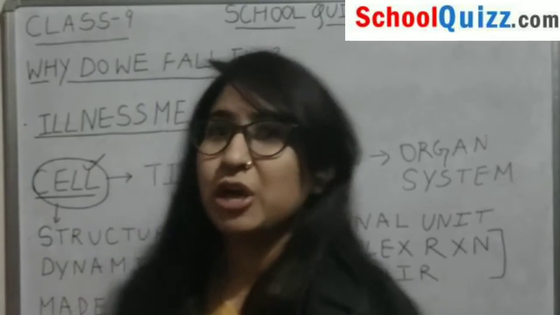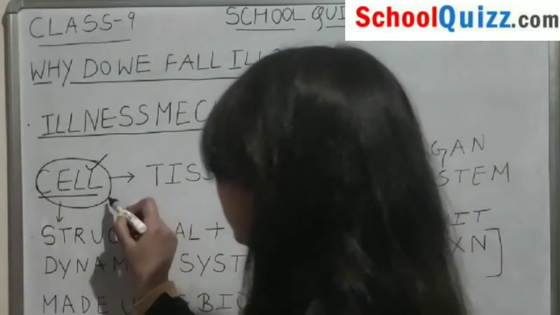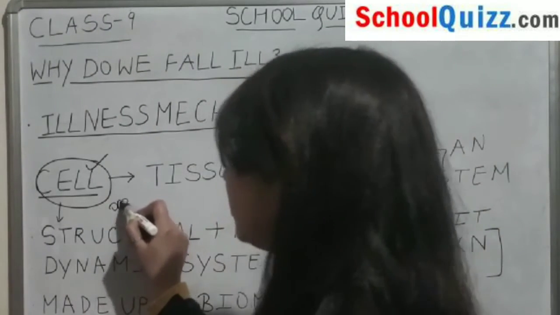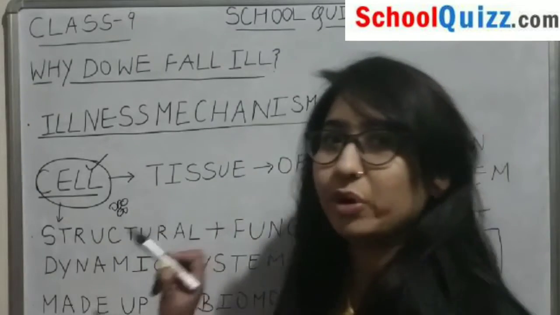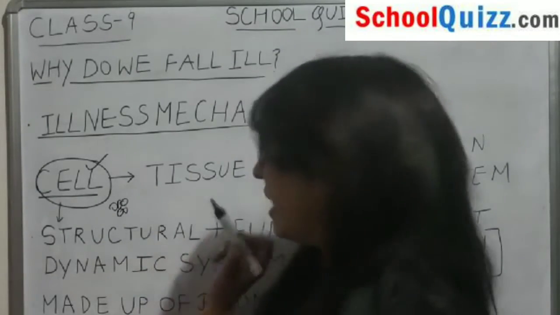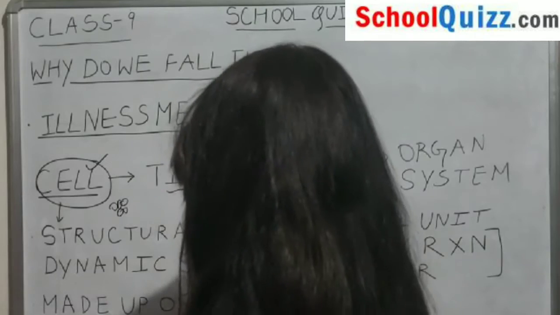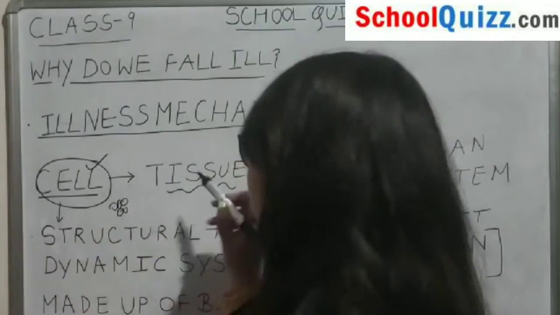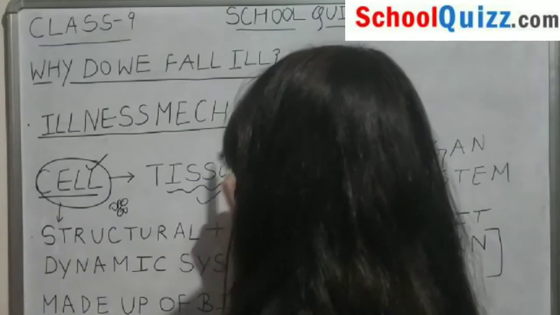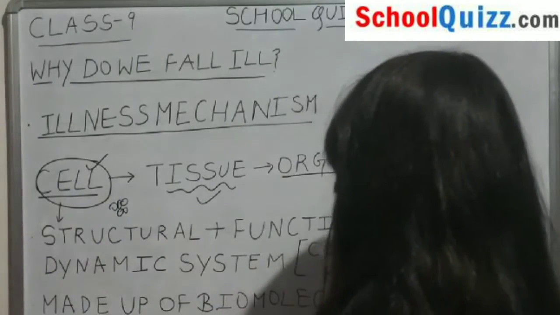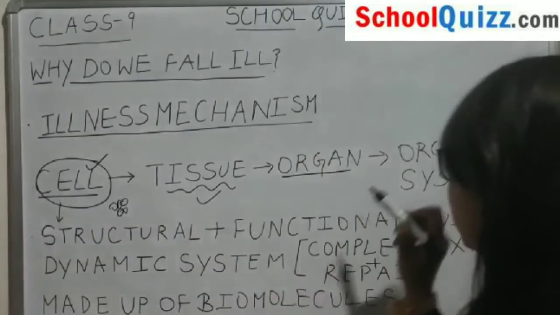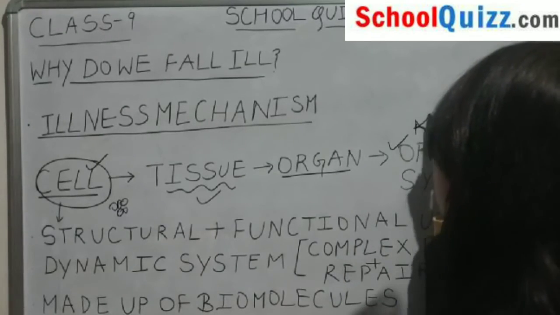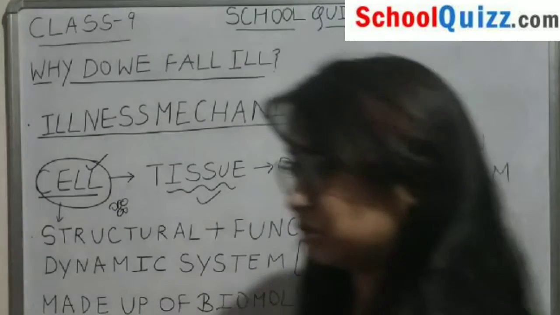Okay students, so when we have many cells, the small cells combine together to form the tissues. And when cells form tissues, these tissues will then combine to form the organs, and organs will combine to form the organ system level of organization.